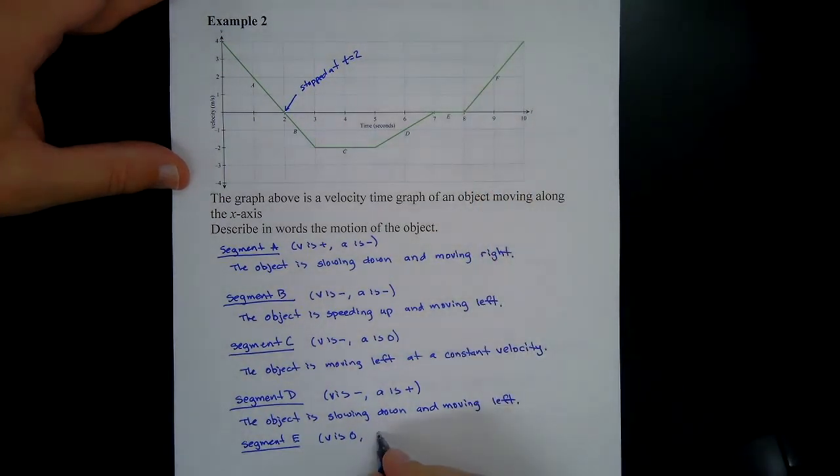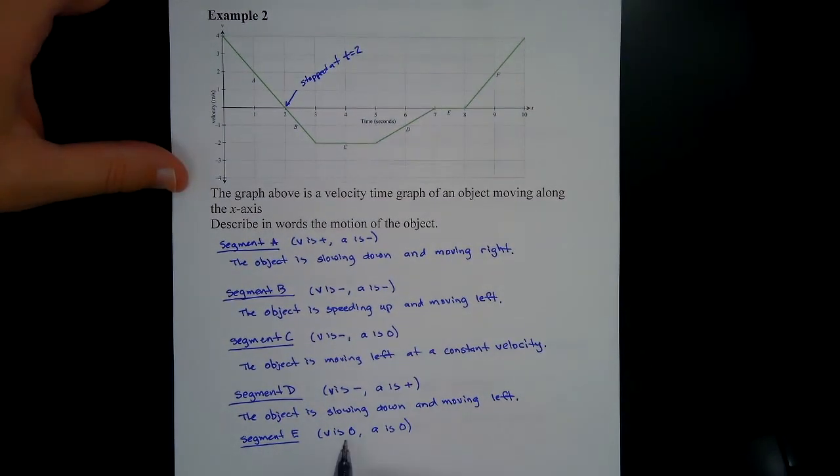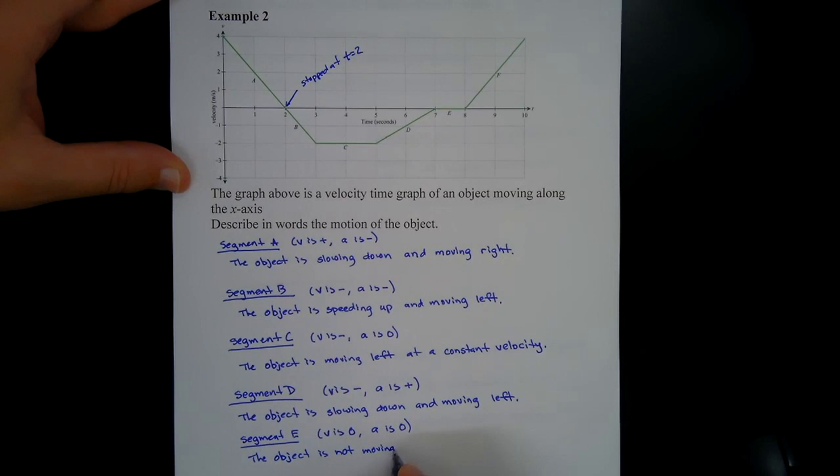So that means A is 0. So if there's no velocity, and this is really what determines it, the velocity is 0. That means the object is not moving. So it is stopped.